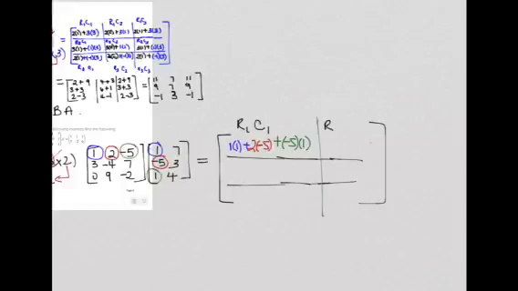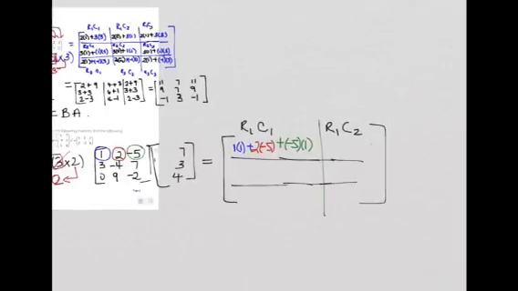Now row 1 with column 2. Oh gosh, this is not working out very well because it's not printed. Okay, I probably won't be able to do that again because I'll just wipe off all the numbers again.